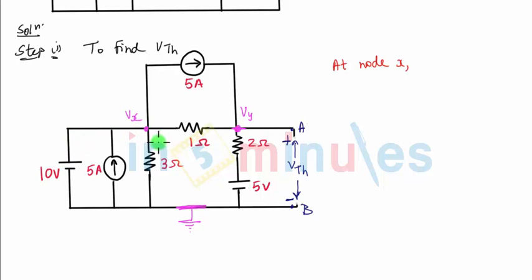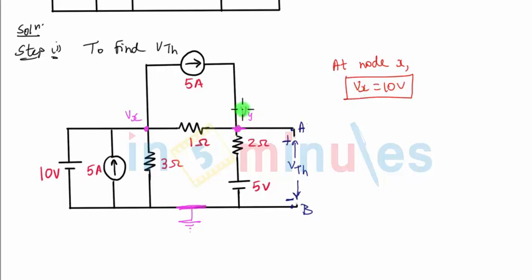In fact, if you remember one of the rules that we have used before also, whenever there is a voltage source between a node and the ground point, the reference point, there is no need to apply KCL equation, because we directly get the value of the node voltage. Vx in this case will be simply equal to 10 volts. So you can see there is no need to find Vx with the help of equations. We get the value of Vx directly.